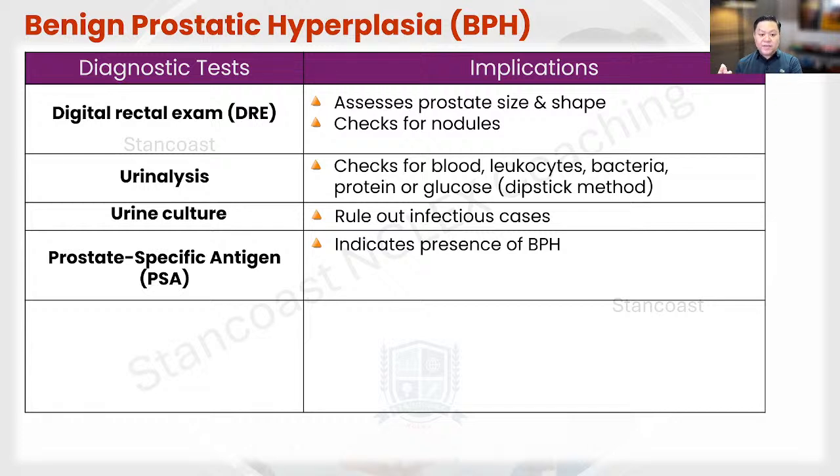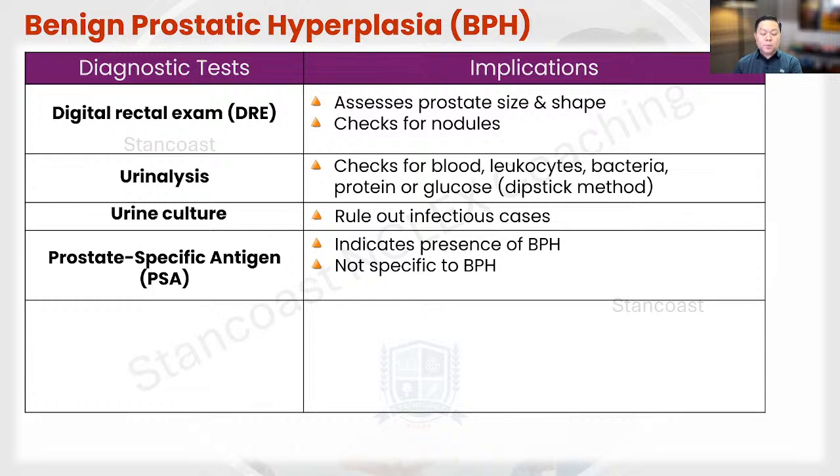There will be an elevation of the PSA in both cases, the prostate cancer and also the BPH. So if there is such elevation of the PSA, it's just not specific, again, to the BPH. It can also relate to possible malignancy of the prostate.